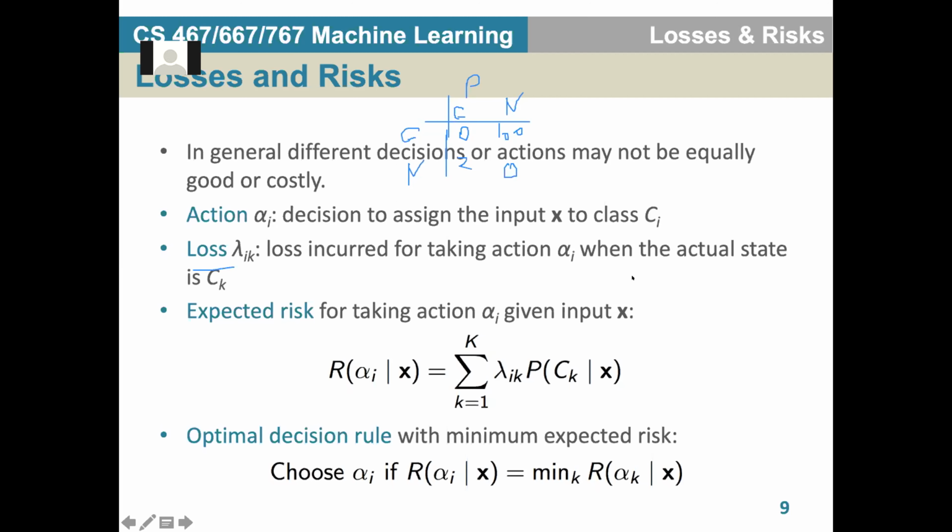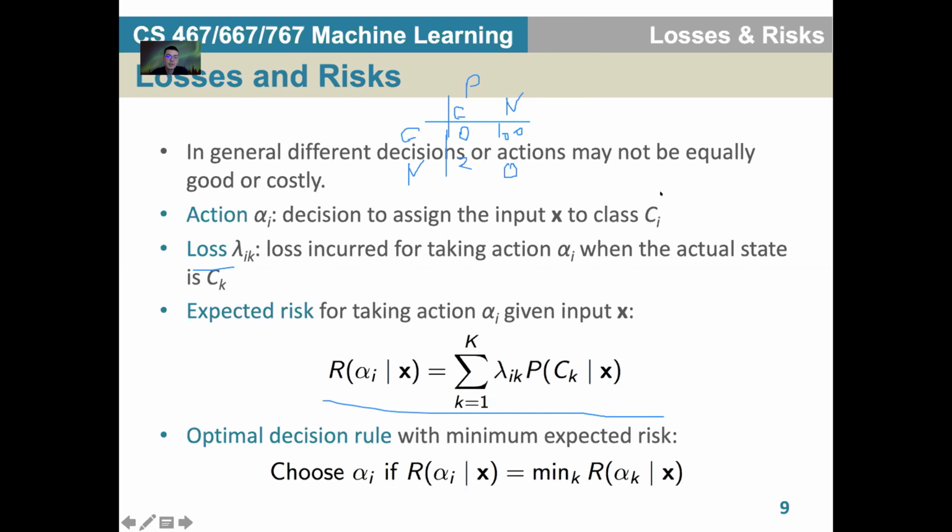Is this intuitive? Yeah, I'm getting this, sir. But the expected risk, how does it deal with this while we are training the model, let's say in the Naive Bayes example? Oh, this is basically saying this.